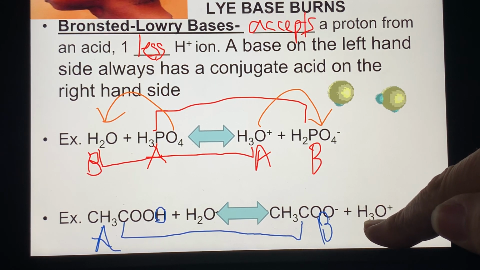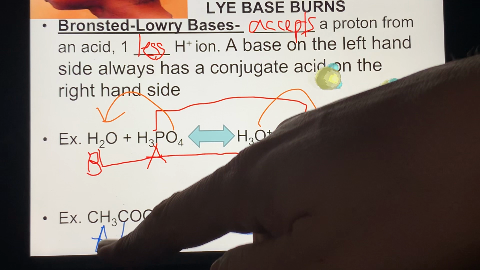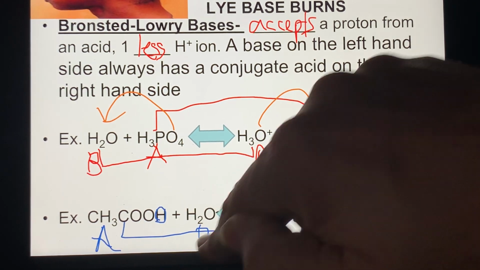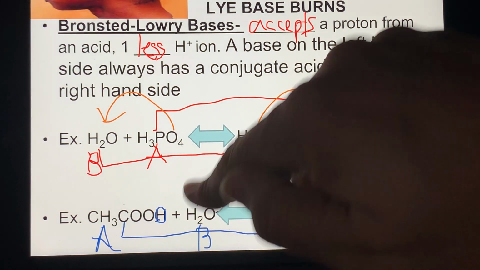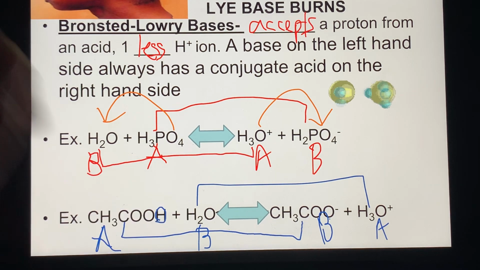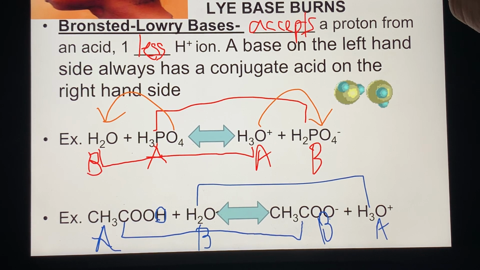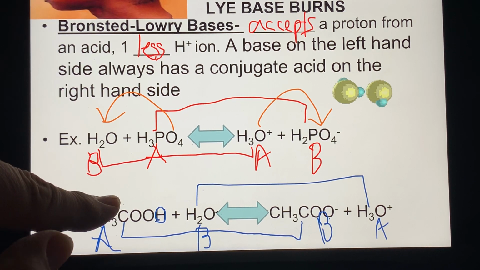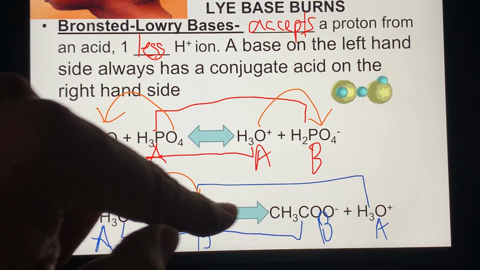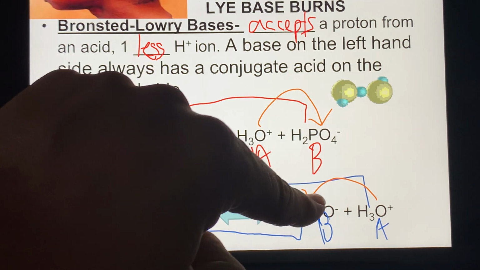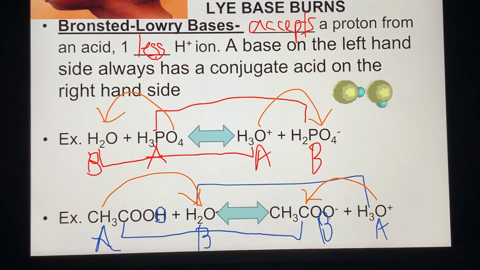If this is a base, this must be an acid. If this is an acid, this must be a base. Because when you connect them, this has one more H, this is one less. What did we say before? Acid donates, base accepts. Any questions?